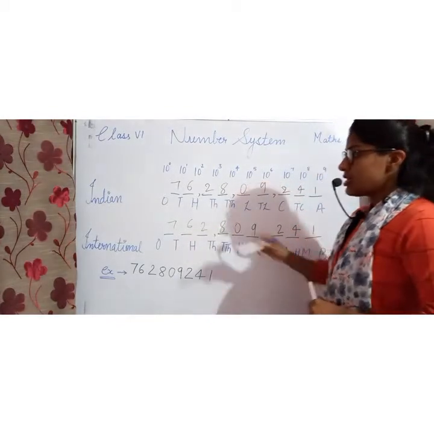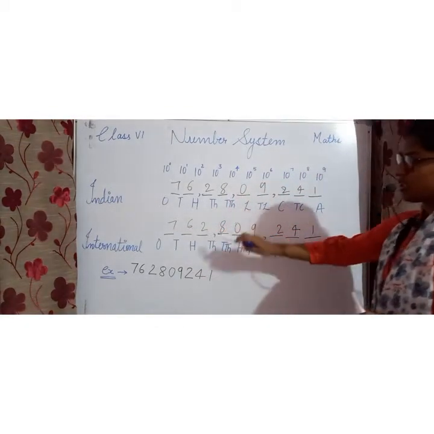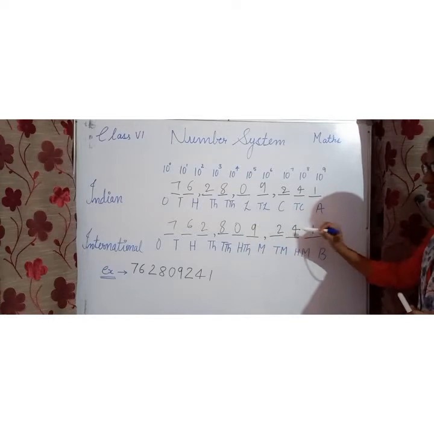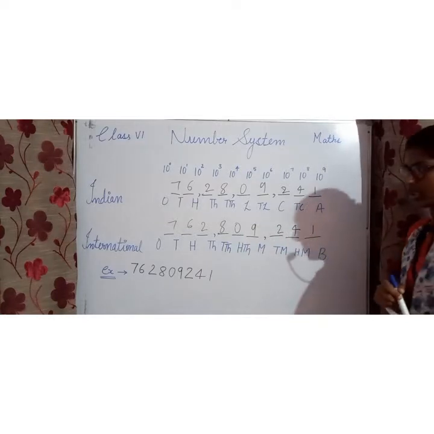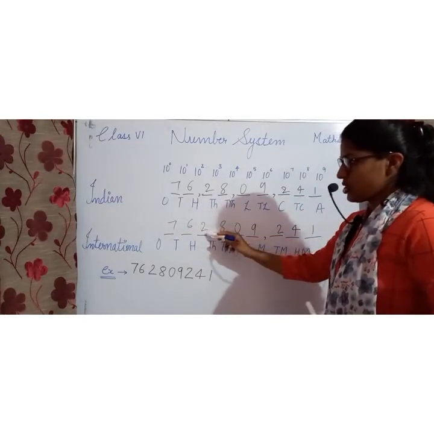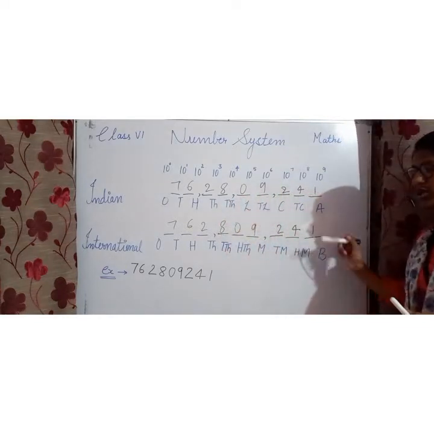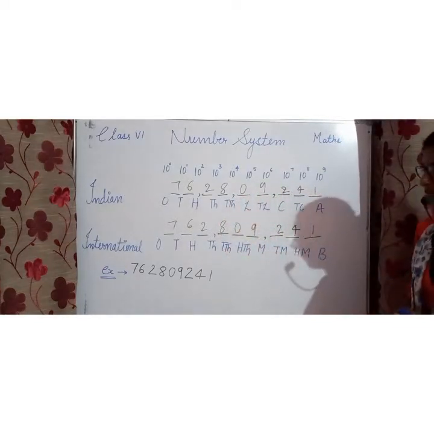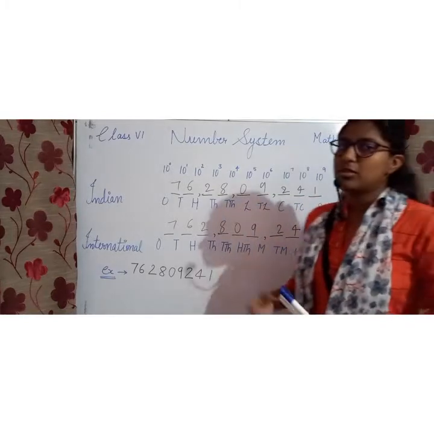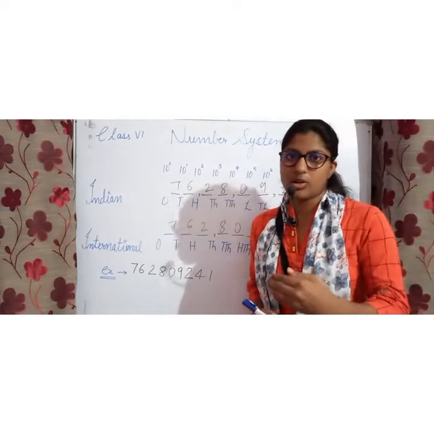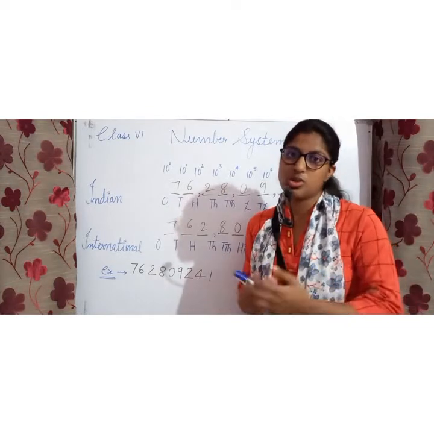So now here, 762,809,241. Again repeating, 762,809,241. Clear? So in this way you can write any number in the international number system and according to the Indian number system, and you can change also.